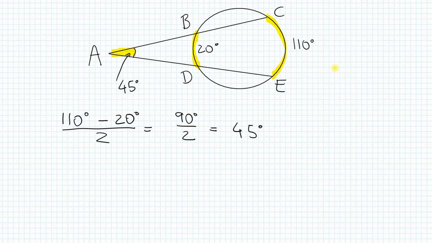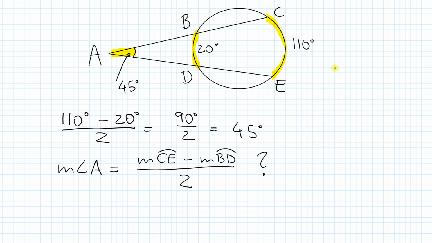So basically we're saying the measure of angle A is equal to the measure of arc CE minus the measure of arc BD, divided by 2. And that's the biggest question for today. And that is a conjecture.